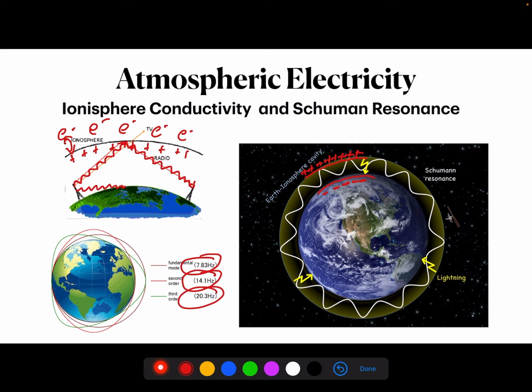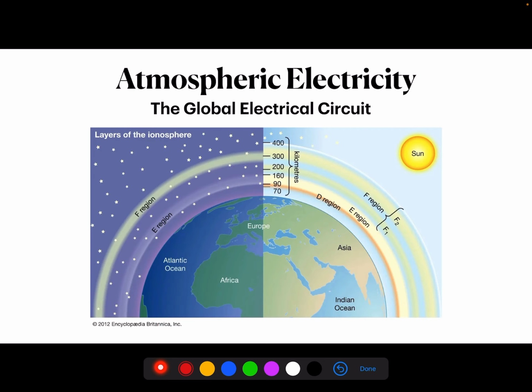These frequencies are harmonics because when we have this cavity, there's only a certain discrete wavelength that's going to be able to fit and resonate inside this cavity. And here are those wavelengths depicted. And this is called Schumann resonance. I don't know if that's spelled correctly.